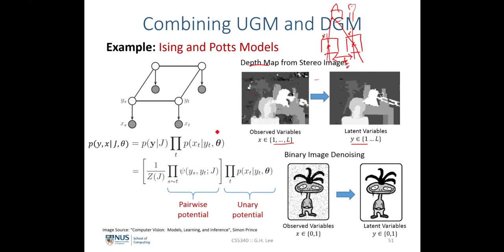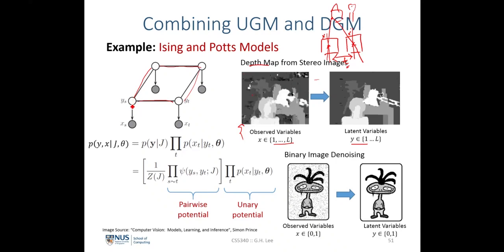And what we can do here is represent the latent random variables, the actual depth that we want to obtain, as ys over here, and for every neighboring pixel we enforce a consistency. Hence, it forms an undirected graphical model, a Markov random field, in the latent variables. But for every random variable here, there is a direct observation of that pixel given by the initial depth map that we obtained from the naive triangulation of the stereo camera.